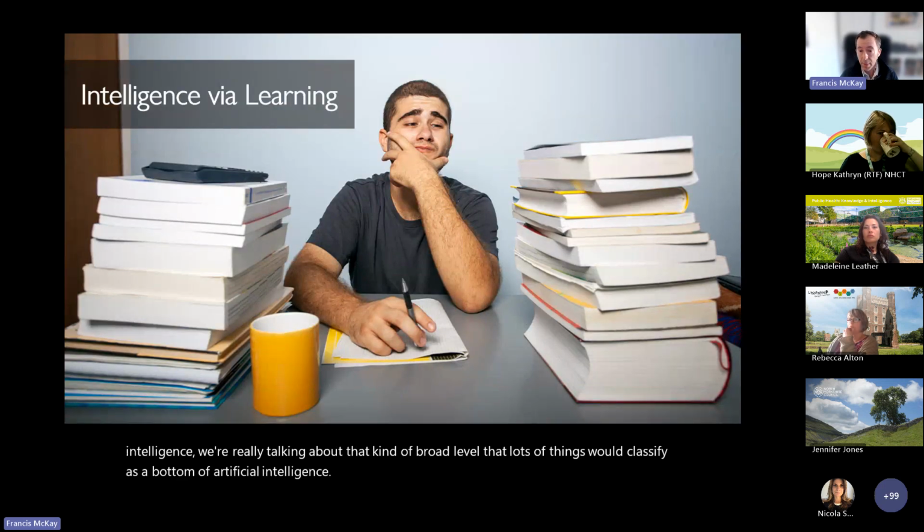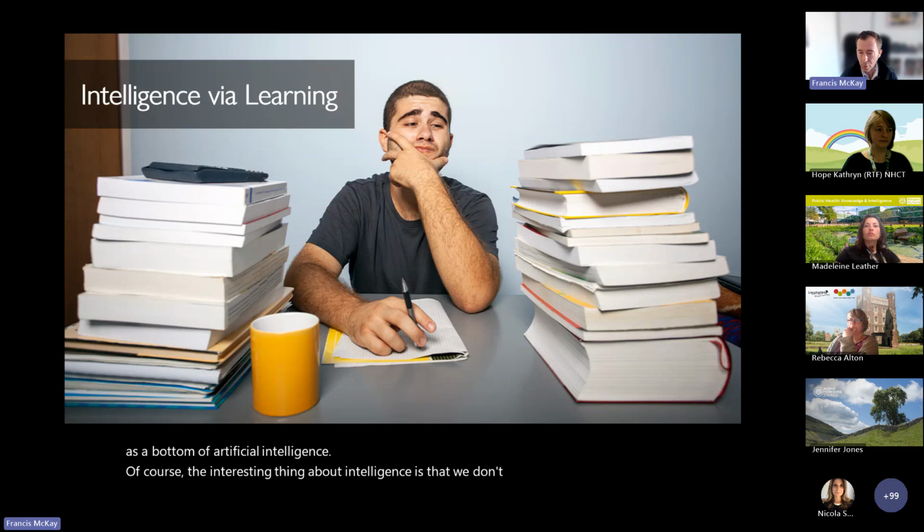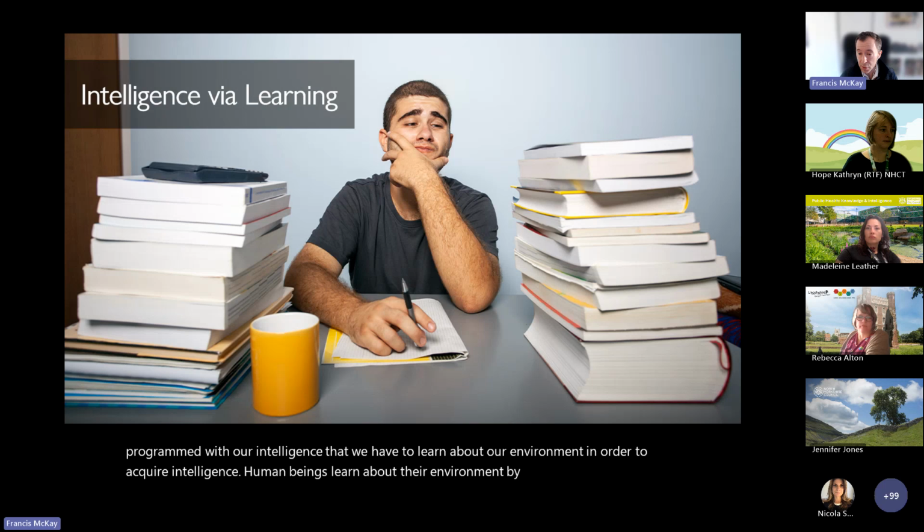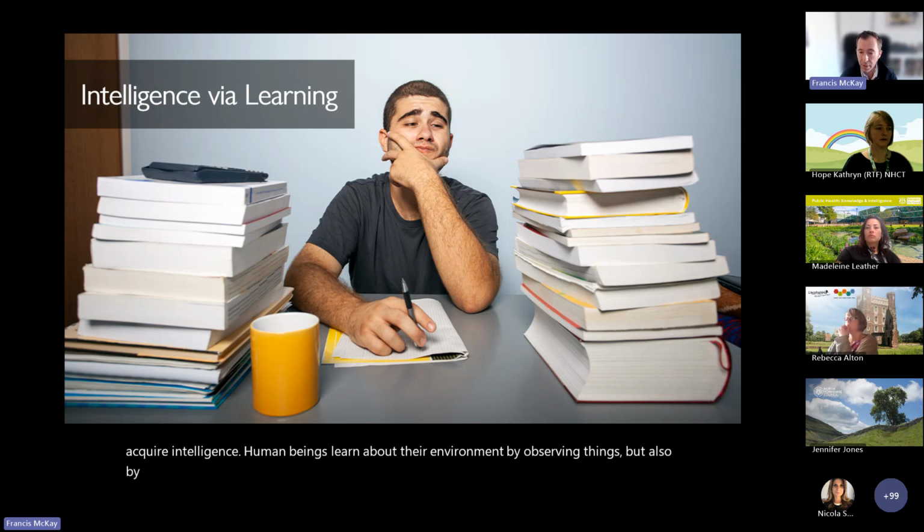Of course, the interesting thing about intelligence is that we're not necessarily just pre-programmed with our intelligence; we have to learn about our environment in order to acquire intelligence. Human beings learn about their environment by observing things, but also by passing down the learning they have through the generations, through things like books, which they use to acquire more learning.